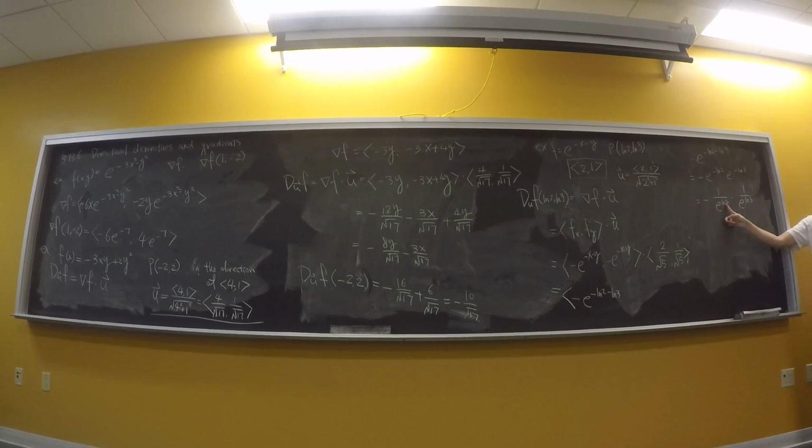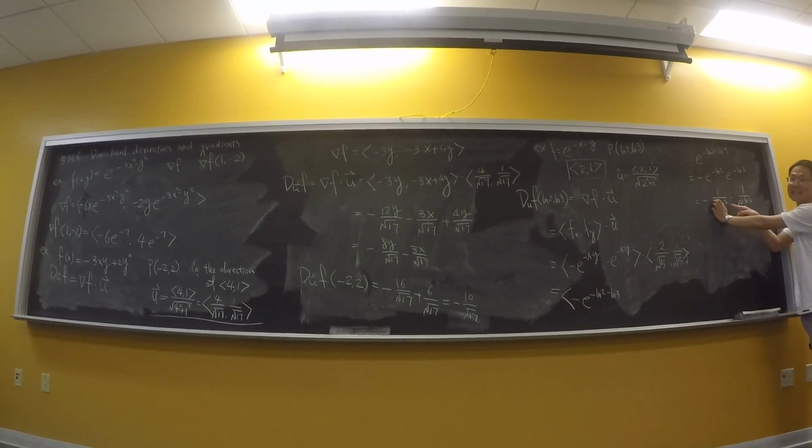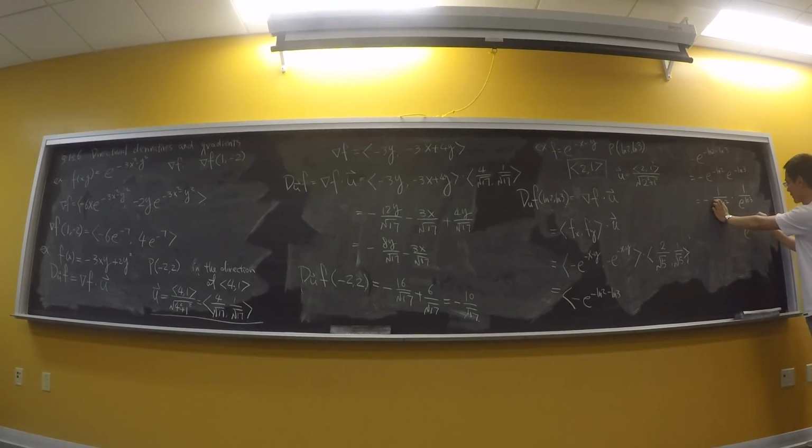e^(log 2) is exactly 2, right? Here is the explanation. What is this number? This number is the number that if you raise e to this exponent, you're getting a 2. Am I right? That's the definition of log 2. If you plug this number into the exponent, you're getting a 2.